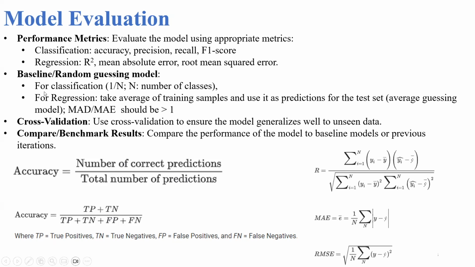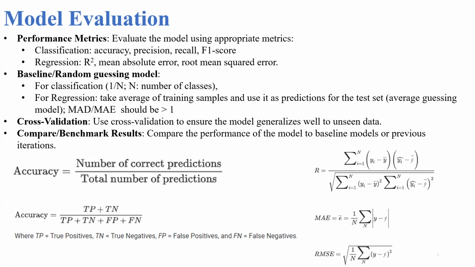That's for classification. Similarly, for regression, suppose we have 80% training and 20% testing. What we can do is take the 80% data, compute the average of the data, such as the Young modulus of all the materials in the training data set, and use that average value as the predicted value for all the samples in the test set.